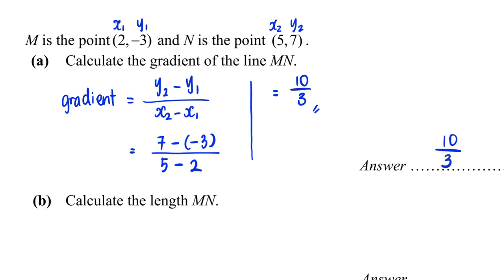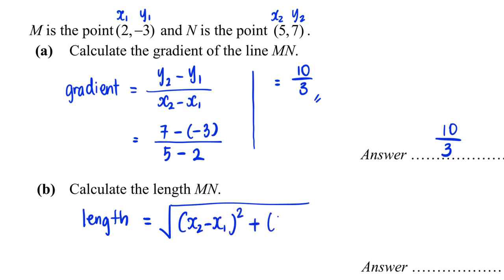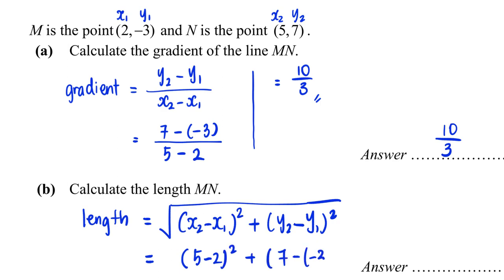Calculate the length of MN again. So the length and distance is the same, meaning that I could simply make use of this formula. And therefore, substituting in, you will get the square root of (5 minus 2) squared plus (7 minus negative 3) squared.